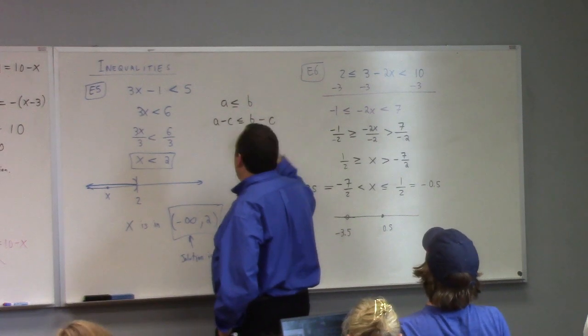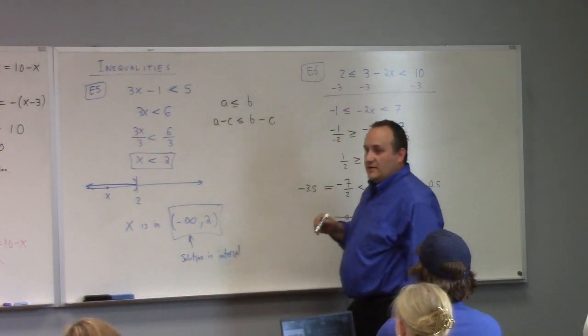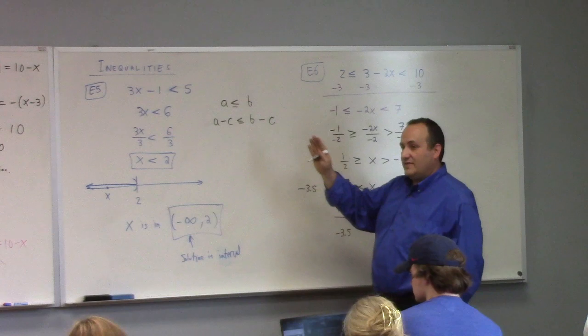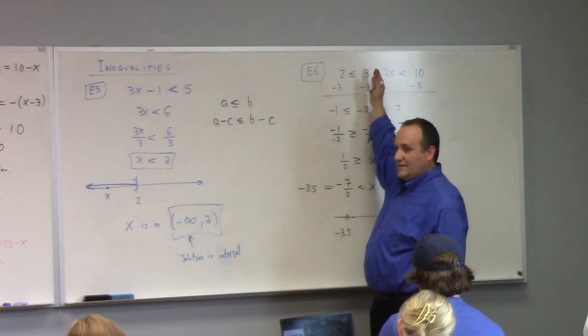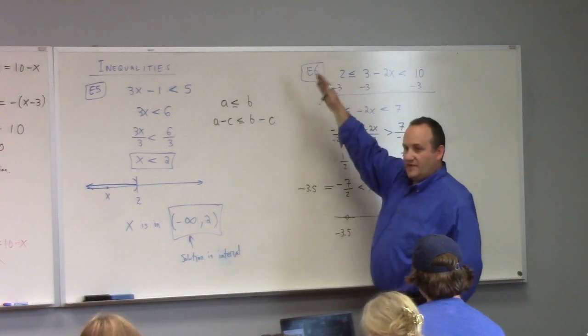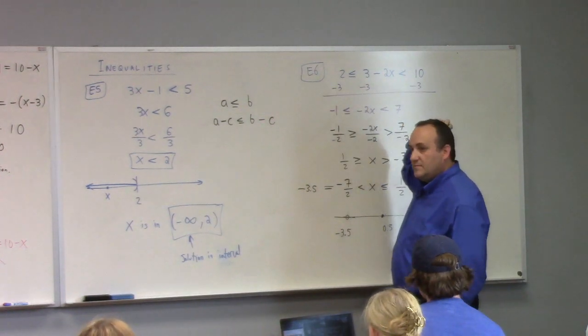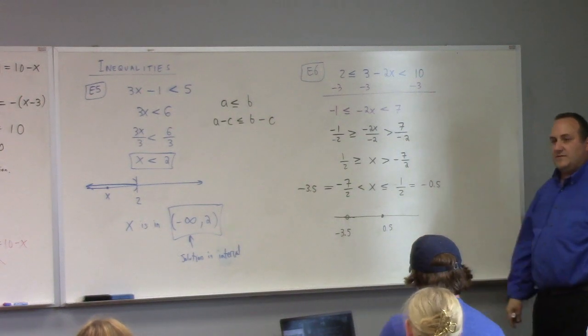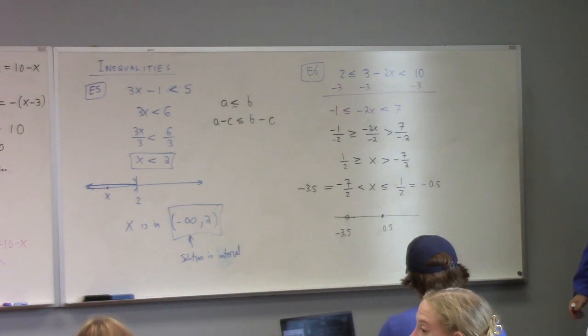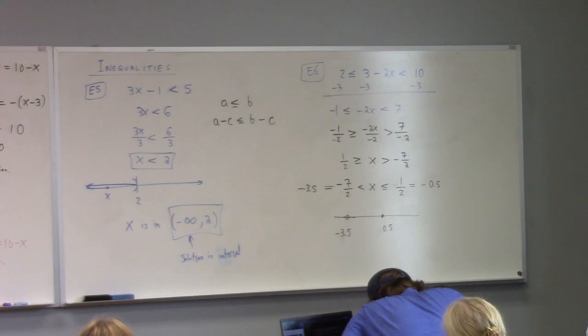So this is an allowed operation on inequalities. And the same is true if I've got 2 of them. So what I'm doing is subtracting C on both sides. This is something we can do. It doesn't change the truth value of the inequality. It's A minus C is less than or equal to B minus C, right?